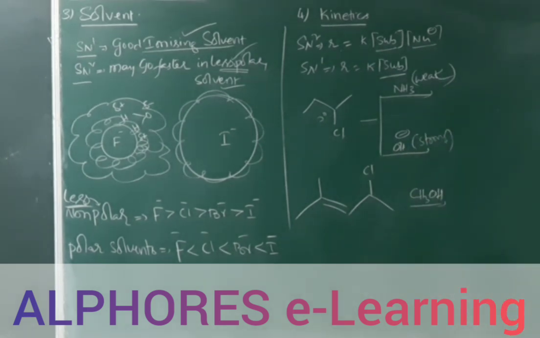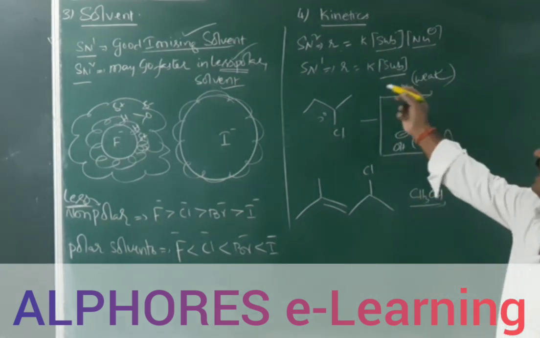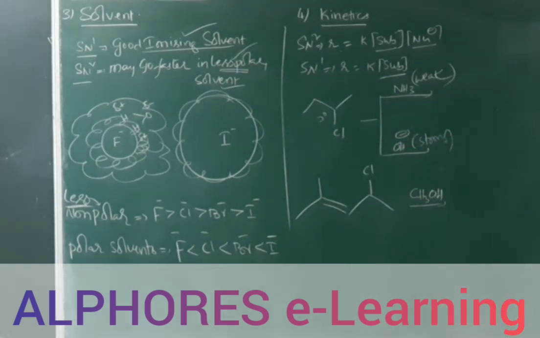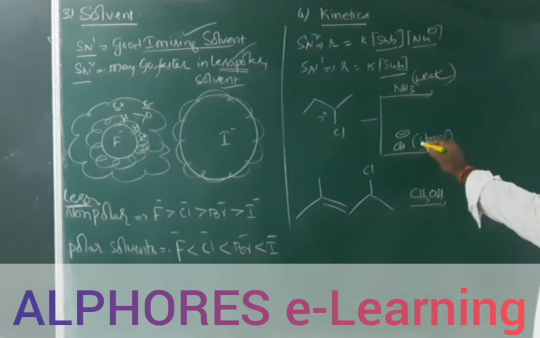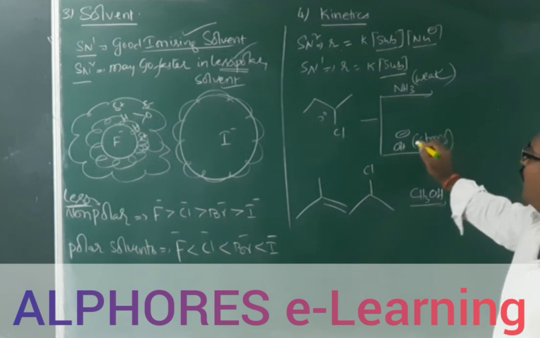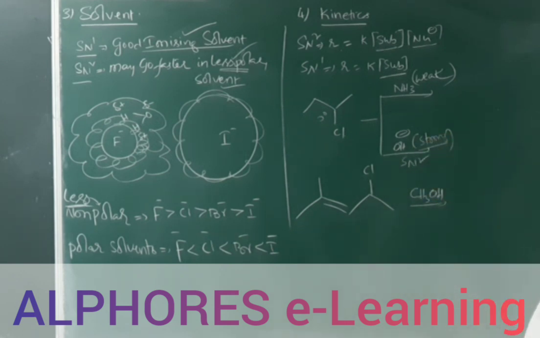For a weak nucleophile, which mechanism does it proceed by? For a strong nucleophile, which mechanism? Being a strong nucleophile, it follows the SN2 mechanism.